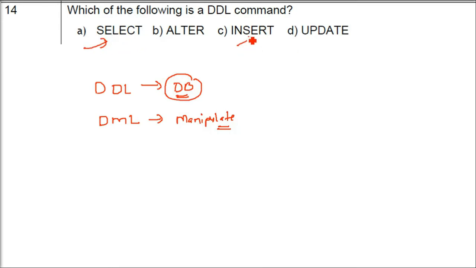So SELECT means select the content. INSERT, if you have certain things, you can enter. I just gave an example that there was something called null. So you can insert a row, or you can update the mobile number. But ALTER is a DDL command, because you are actually changing the structure of the database or the table.